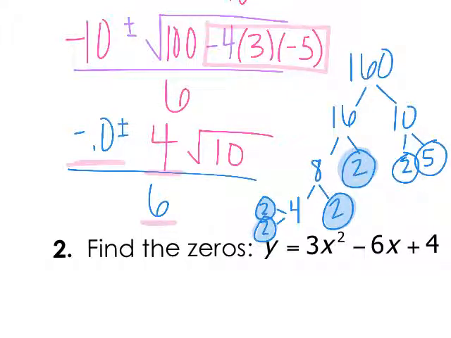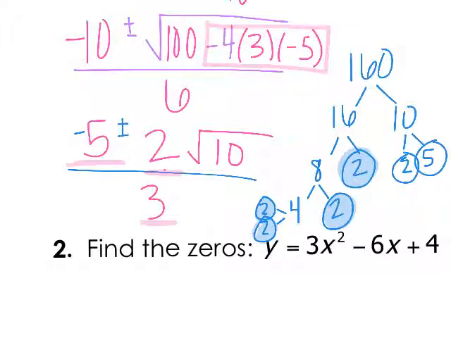So I get negative 5 plus or minus 4 divided by 2 would just be 2. And 6 divided by 2 is just 3.